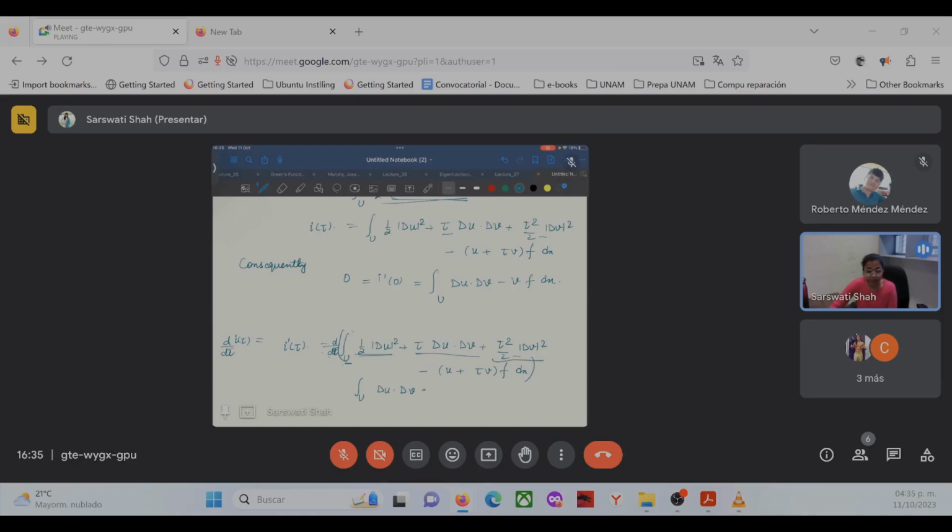The derivative of this term will be 2 tau over 2 mod of ∇v squared, and the derivative of this term will be 0 because u is independent of tau, and minus v f. Now when you calculate I dash of 0, this term will vanish because tau is appearing here, so we will be left with this. Is it clear?